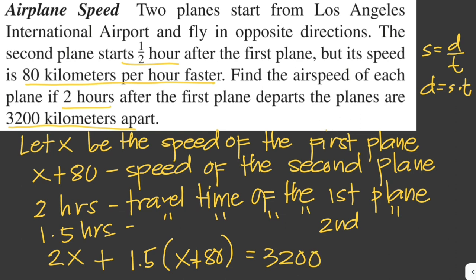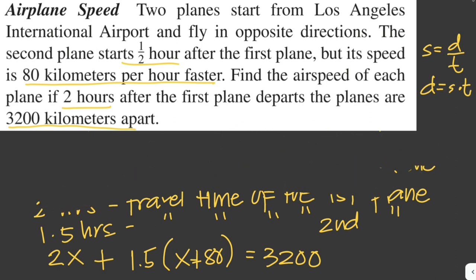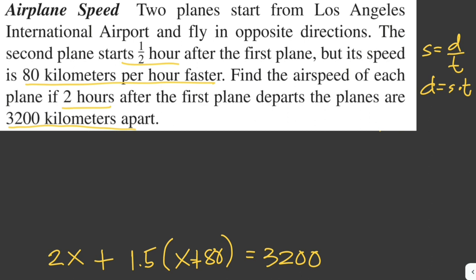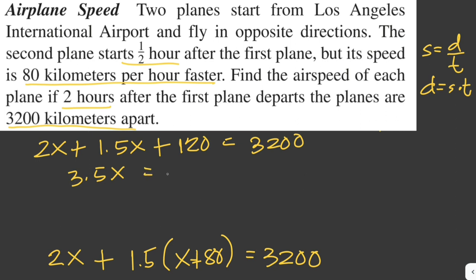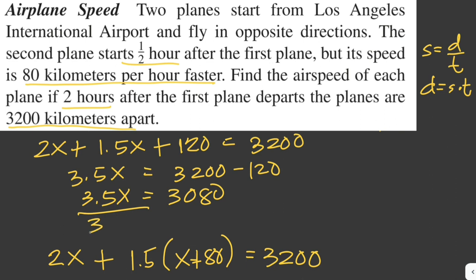Now we can solve for the value of x. So this is just 2x plus 1.5x plus 120 equals 3,200, and then we group like terms, so this is 3.5x equals 3,200 minus 120. So this is 3.5x equals 3,080, and we divide both sides by 3.5.